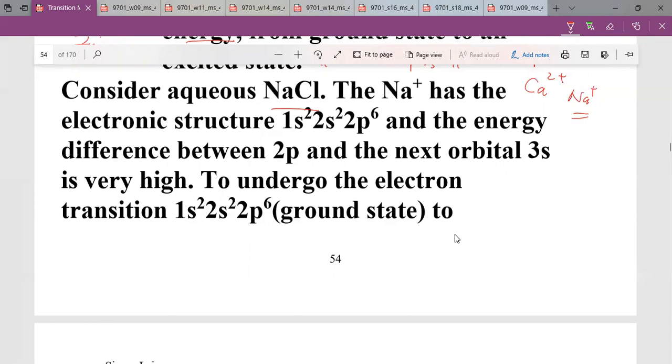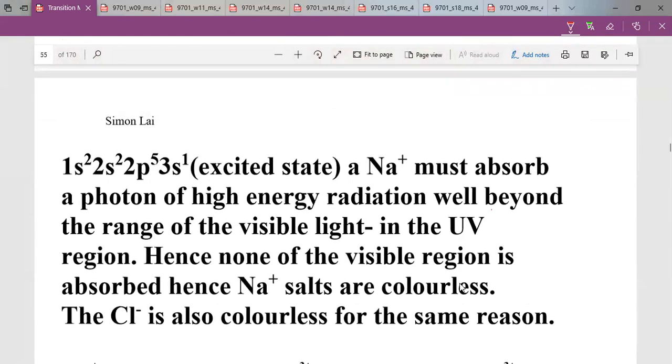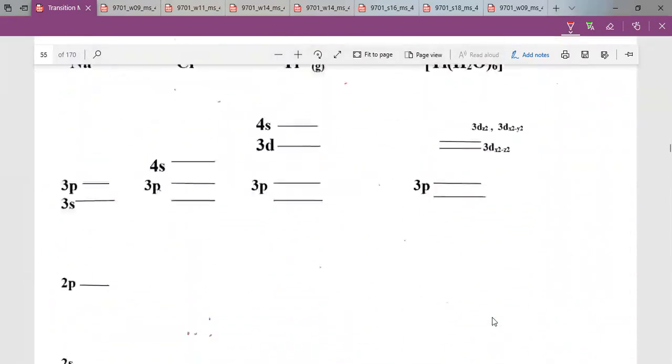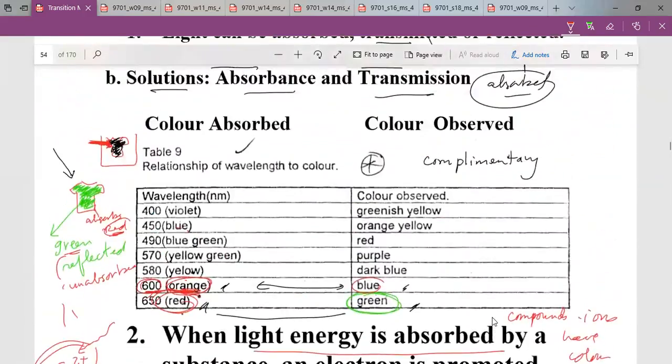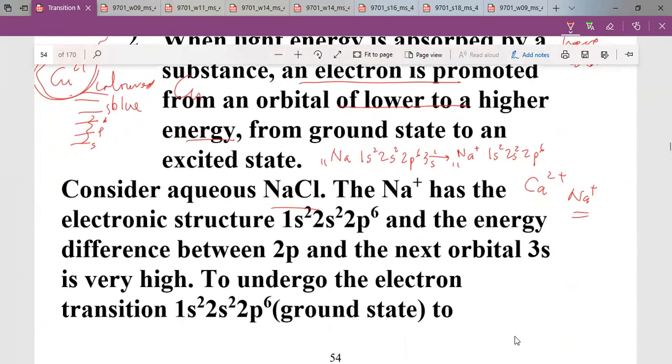So why? Now let's look at this first. Now, sodium is Na. See, sodium metal is 11 here. Sodium metal, now no charge here, is 0 charge here. 1s2, 2s2, 2p6, 3s1.